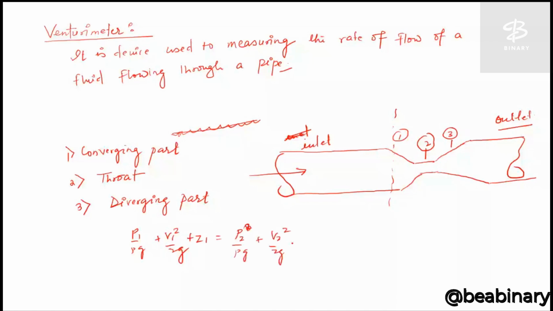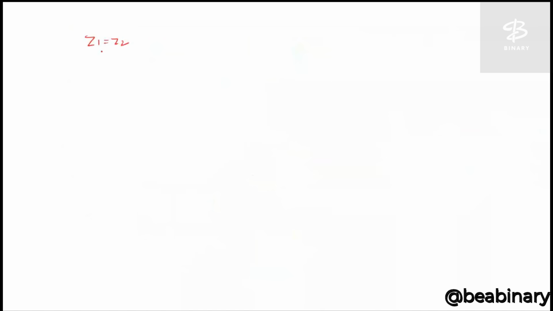Okay. If the pipe is horizontal, then Z1 is equal to Z2. So my equation will be P1 by rho g plus V1 square by 2g is equal to P2 by rho g plus V2 square by 2g.